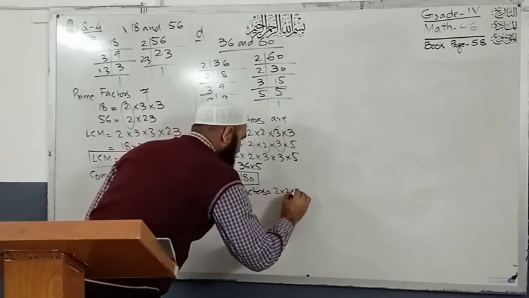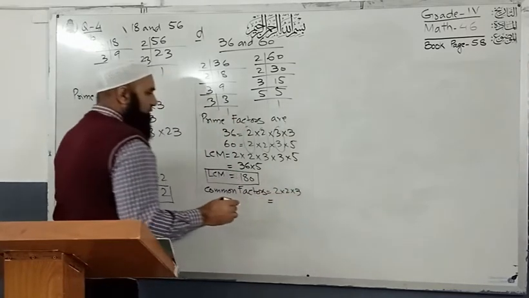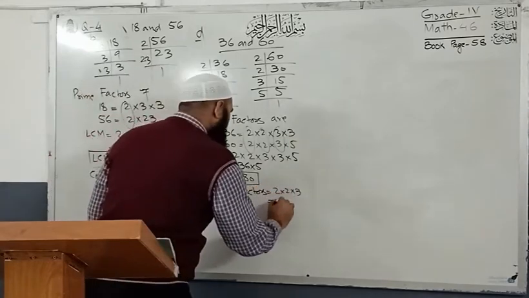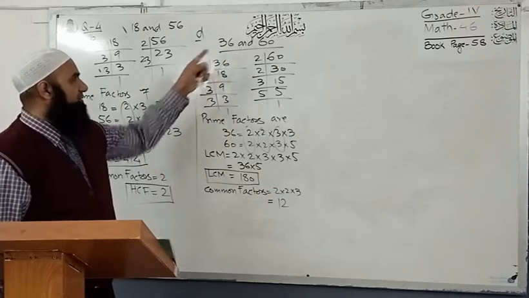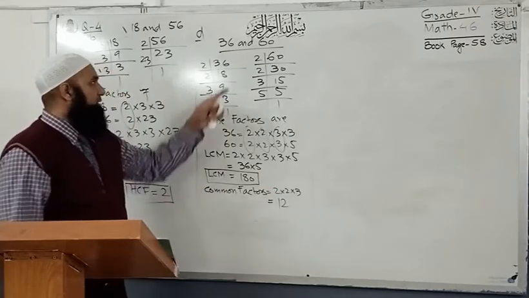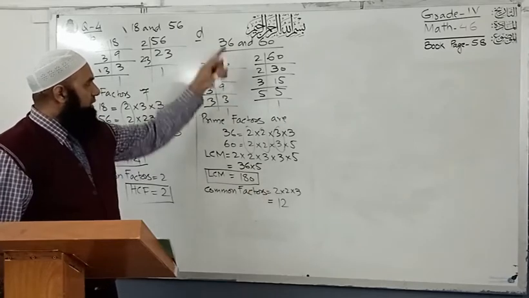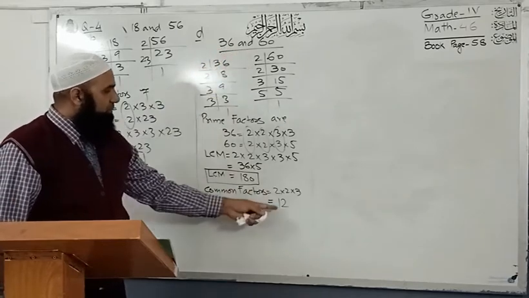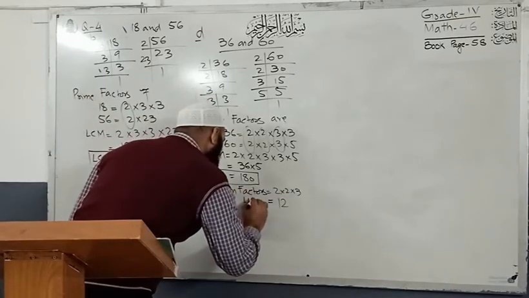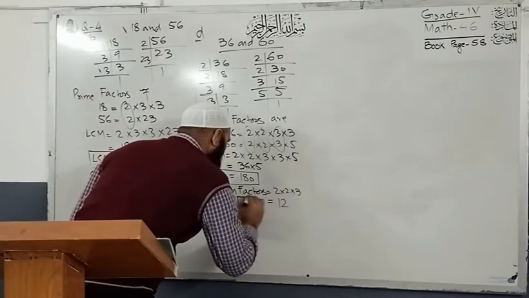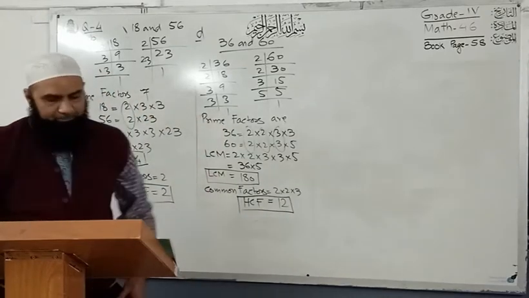This is equal to 2 multiplied by 2 is 4, and 4 multiplied by 3 is 12. Check whether 12 can divide both numbers exactly. Yes. 36 divided by 12 we got 3. 60 divided by 12 we got 5. Okay, this is our answer.